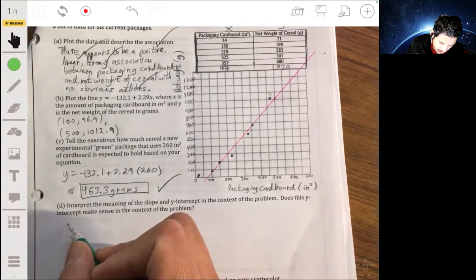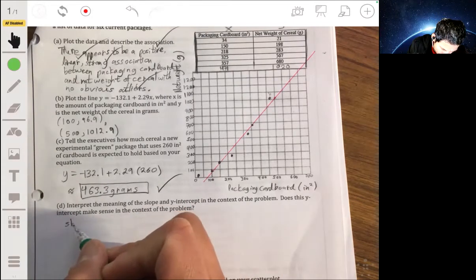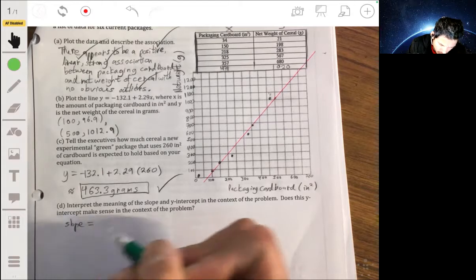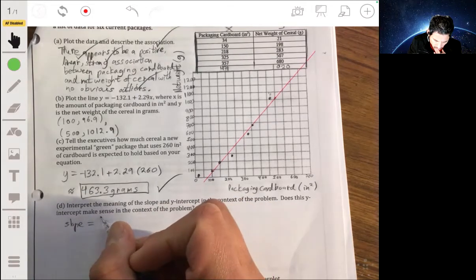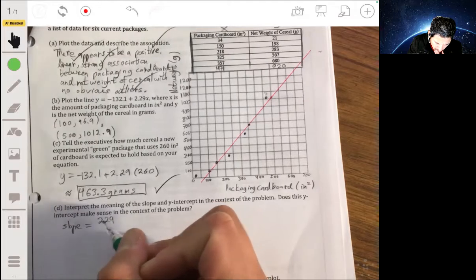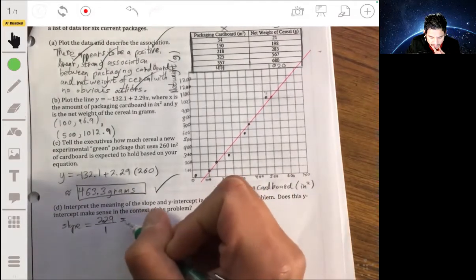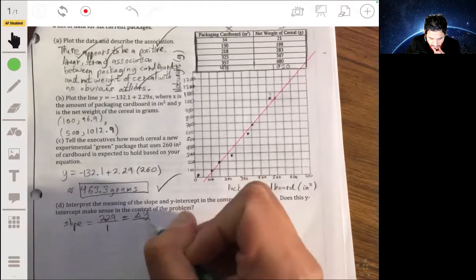Remember, let me just kind of break it out. Remember the slope is 2.29 over 1. Remember, that's the change in y over change in x, if you want delta y over delta x.